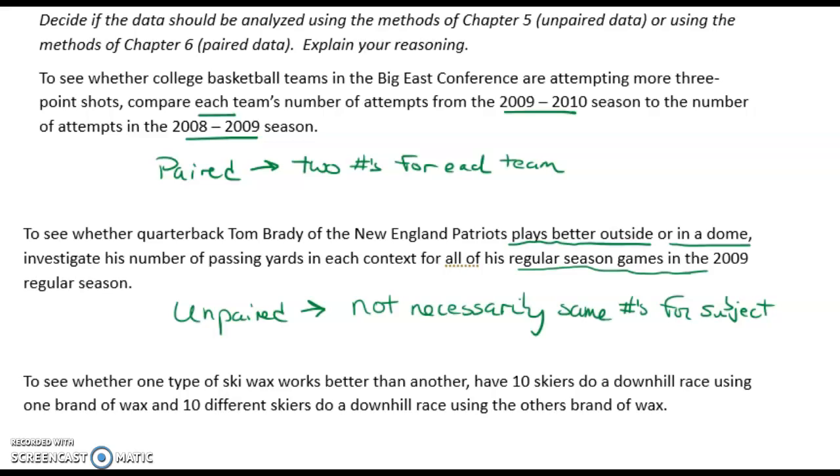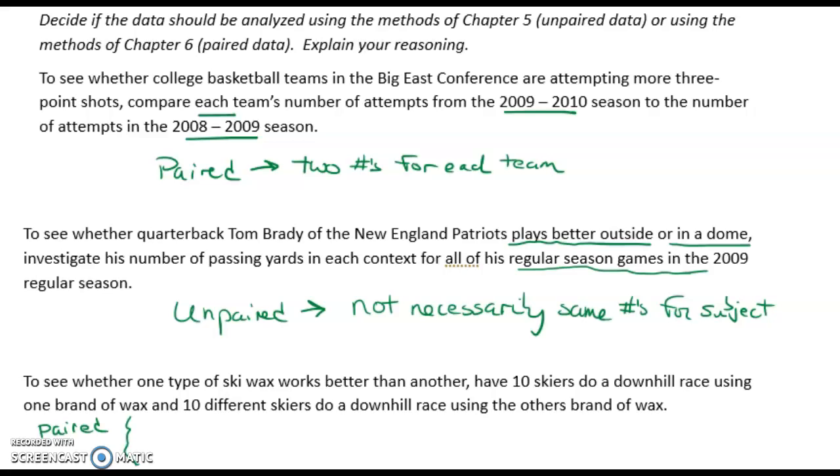To see whether one type of ski wax works better than another, have 10 skiers do a downhill race using one brand of wax and 10 different skiers do a downhill race using other brands. Okay. Right off the bat, I thought this was going to be paired, but I want you to think about this. If it was going to be paired, here's what I would expect to see.